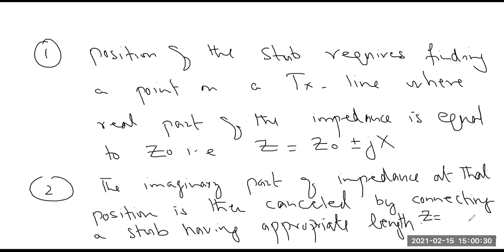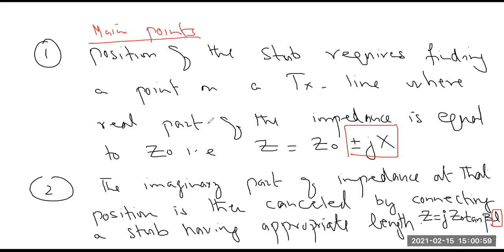That is, if we are using a short circuit stub, then z is equal to j z0 tan(theta l). So to cancel this part, we have to adjust l. So these are two important points about the working of single stub matching.